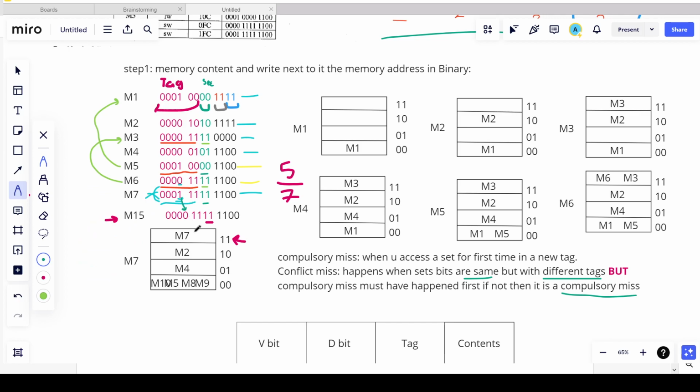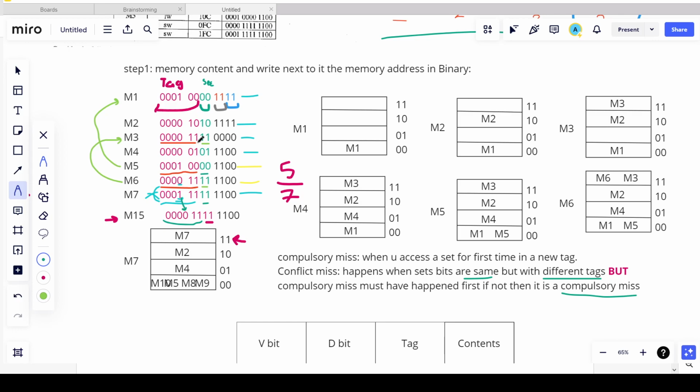So is it a compulsory miss or a conflict miss? We said it's not a compulsory miss. Why? Because we have accessed this tag earlier, and the first time we accessed it, the compulsory miss happened. So it won't happen anymore. It is 0, 0, 0, 0, 0, 0, 0, 1, 1, and the first time it happened was in M3, 0, 0, 0, 0, 1, 1.